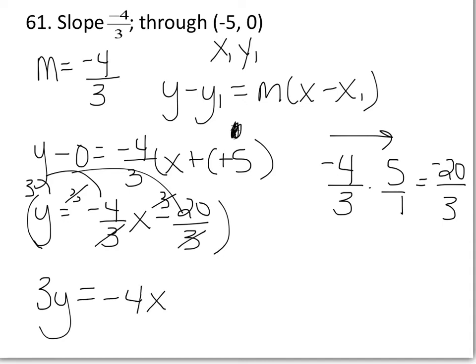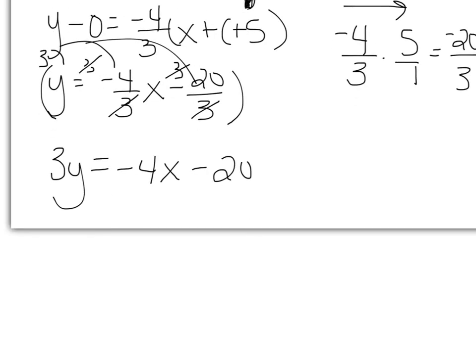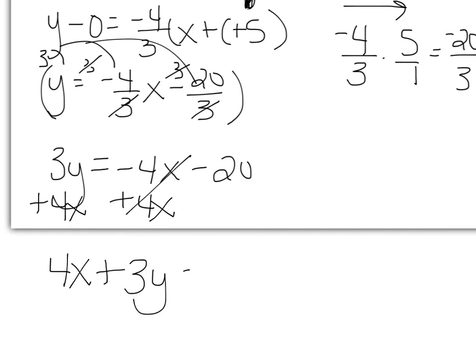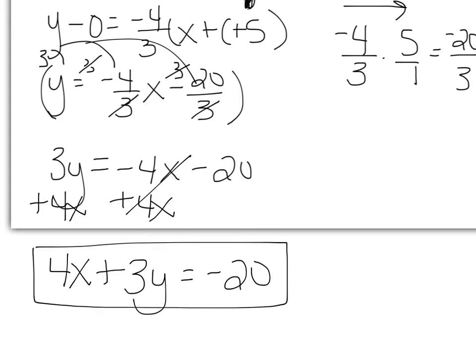Equals negative 4x minus 20. And then one more step, my coefficient with x cannot be negative, so I'm just going to add 4x to both sides, because I want my x and my y together anyway. So 4x plus 3y equals negative 20. That's in standard notation, or standard form, so I'm good.